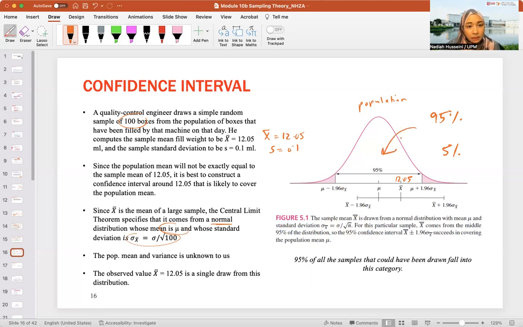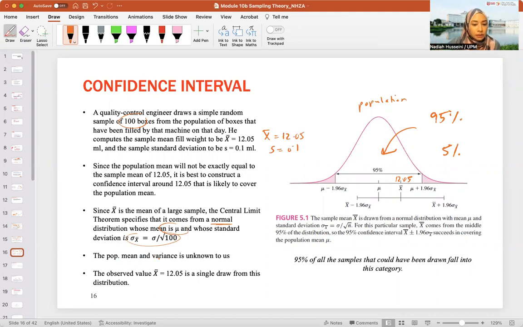We take our sample, it can be anything. The sample can be away from the mu, close to the mu, or exactly on the mu, but the sample will always follow this normal distribution, and the normal distribution centers towards mean mu. So this is what the central limit theorem means.